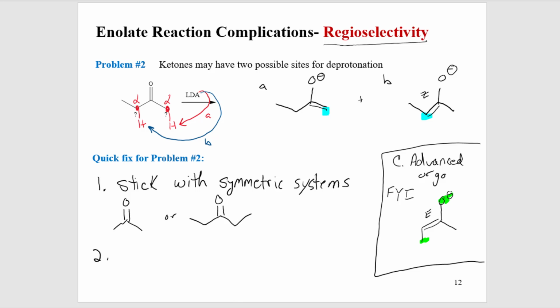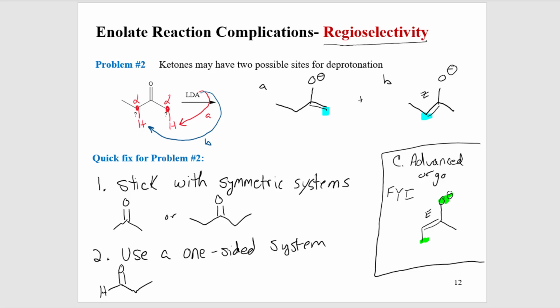The other option you can choose is to just give it one choice. So use a one-sided system. And here are some examples of that. One-sided systems could be aldehydes because, again, it doesn't matter what the R group is on the other side.